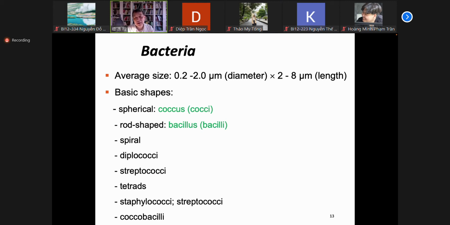Another one is called Thiomargarita. Thio means sulfur, and margarita means pearl, so sulfur pearl. It's a shallow sea, pearl-like bacterium with many sulfur granules in the cell body, so it's called a sulfur pearl bacterium.